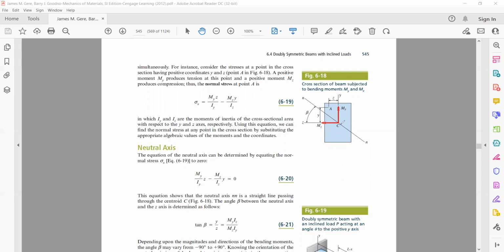Now, what will be the effect of My? What will be the effect of the moment My on point A? Is it putting it in tension or in compression? First of all, your My is in the upward direction.